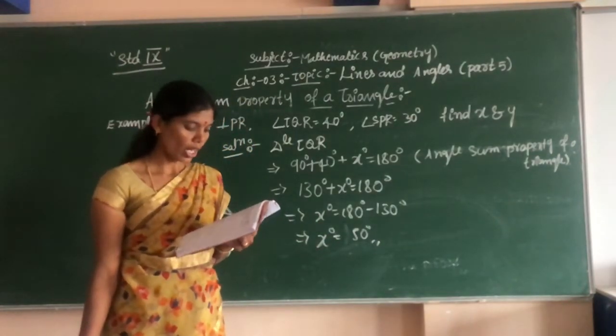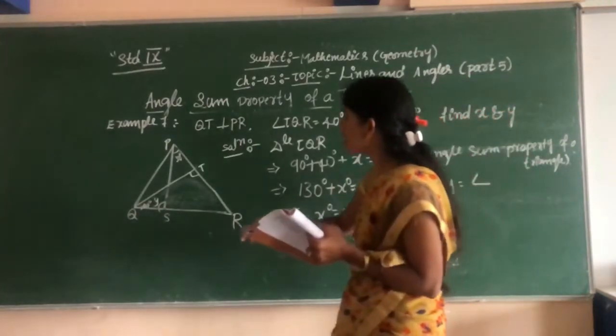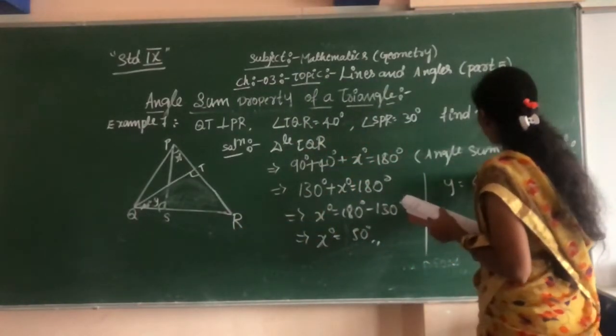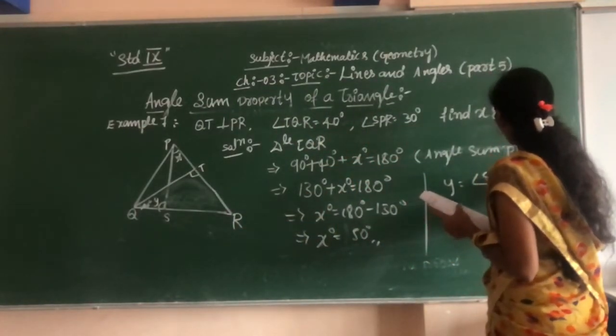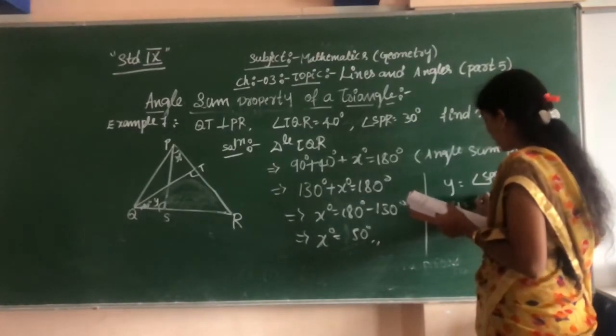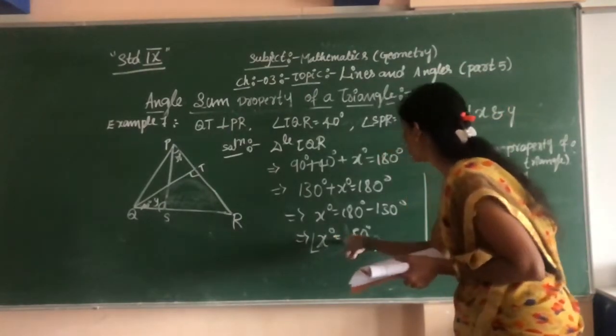Now next, y is equal to what? y is equal to angle SPR plus x. y is equal to 30 plus 50, where angle x is equal to 50.